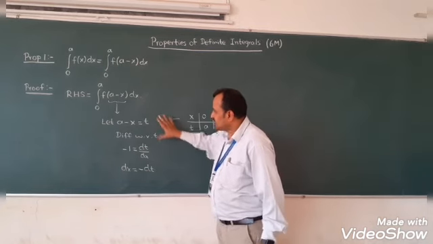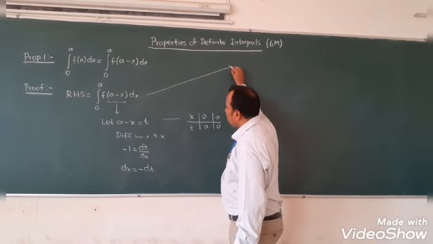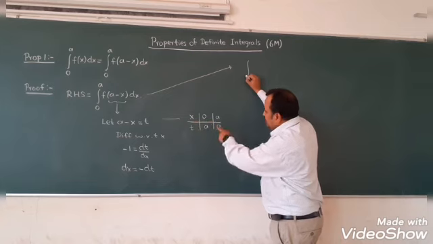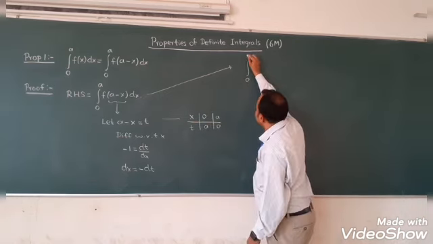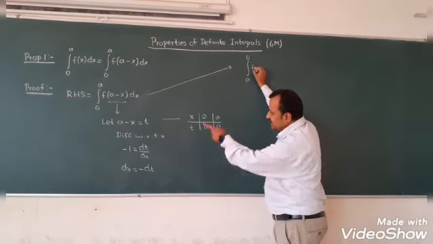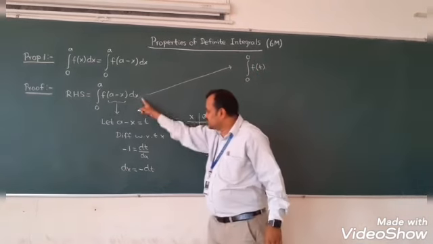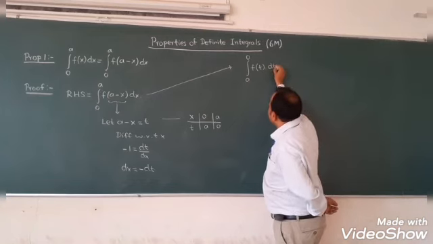So this information you keep. So lower limit now will become a, upper limit now will become 0. f of a minus x is nothing but f of t, and dx is nothing but minus of dt. So here I can say minus of dt.